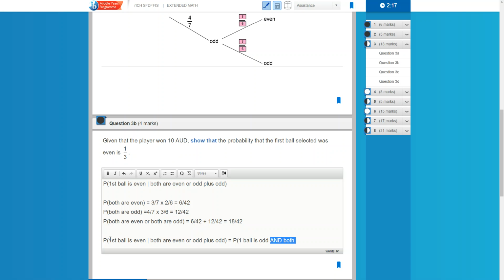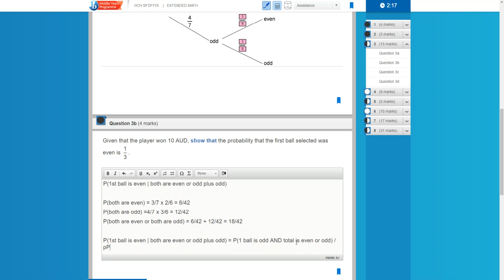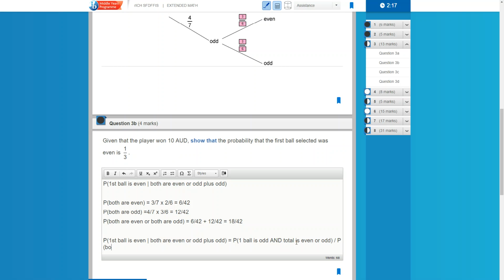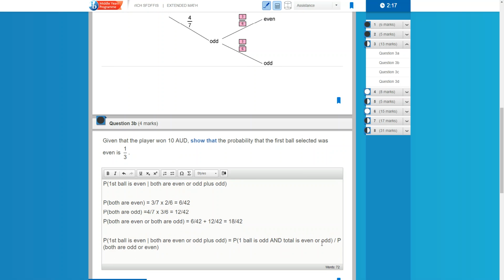The probability that the first ball is even. Okay, so this is where you kind of have to think quite clearly here, divided by the probability, okay, so that's just taken from the formula, okay?